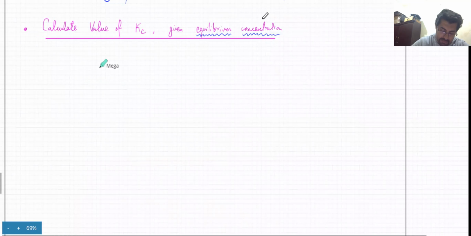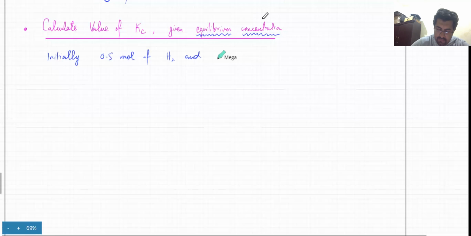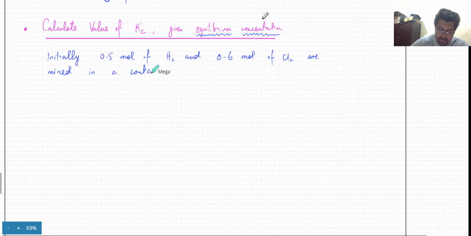So the question would be something like this. I'm going to write a question. Initially, let's say 0.5 moles of H2 and 0.6 moles of Cl2 are mixed in a container. This is your example question.